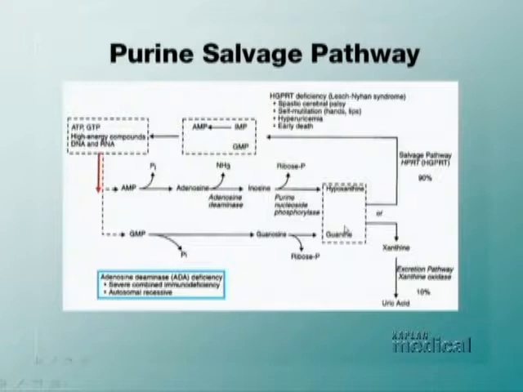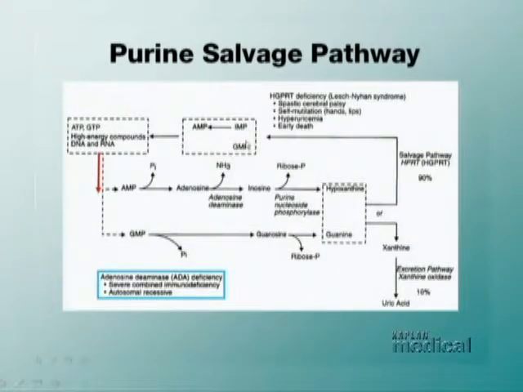I think it might be the longest enzyme we've talked about, but it's hypoxanthine guanine phosphoribosyl transferase. Important enzyme. So they're going to meet up, and via this enzyme activity, they're going to be recycled.